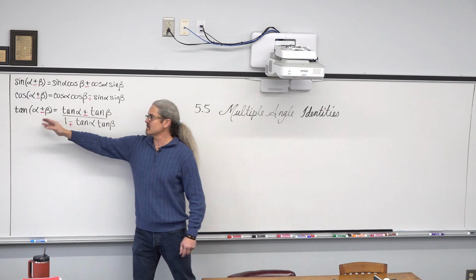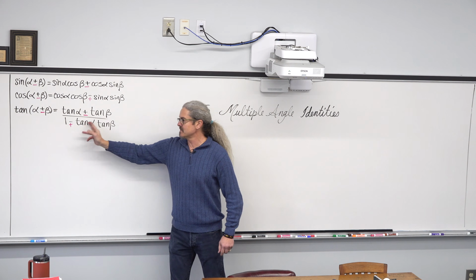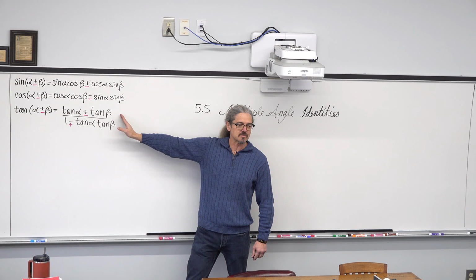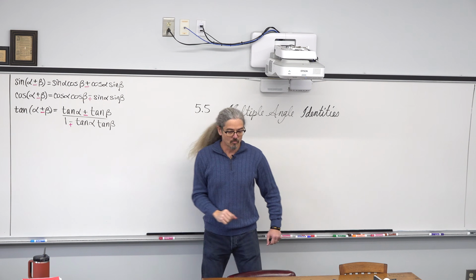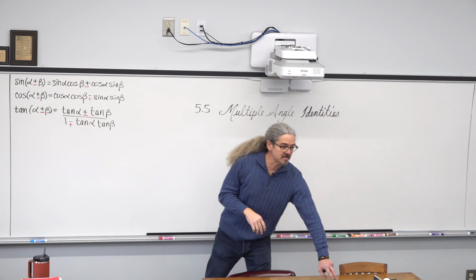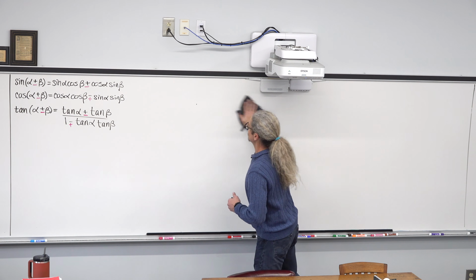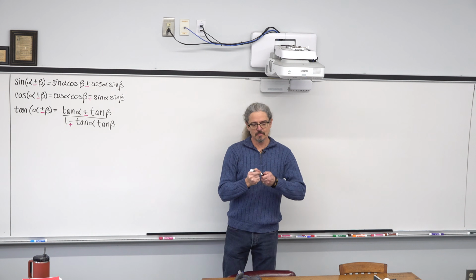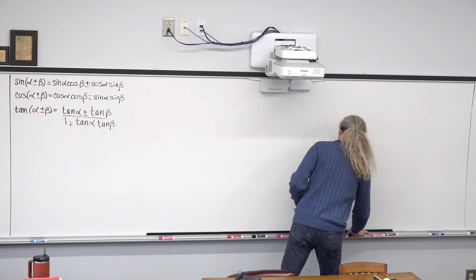And we have the tangent of alpha plus beta is the tangent of alpha plus tangent of beta over 1 minus tangent of alpha tangent of beta. We derived this one the other day from the sum and difference identities. And we're going to be using the sum and difference identities to literally derive every single formula you're about to see. So there is this family of double angle identities.